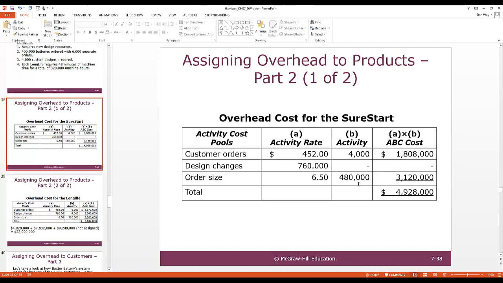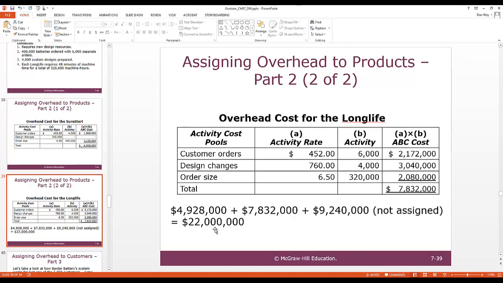Again, we're assigning overhead the same way we did in our traditional costing system, only now we're using individual activity rates and our individual activity cost pools rather than plant-wide or department-wide overhead rates. So when we add that up, we get this total here of $4,928,000 in overhead costs assigned to the Sure Start product.